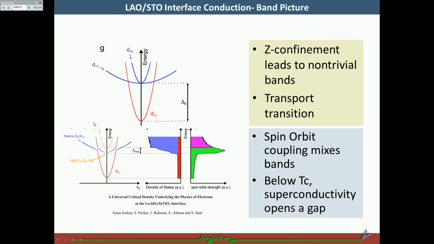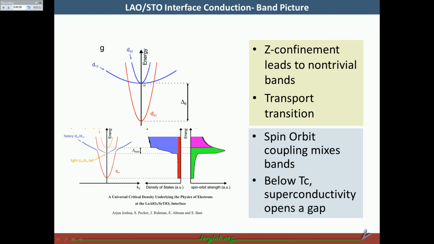and this transition is associated with a lot of things.